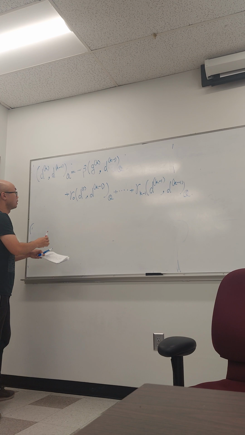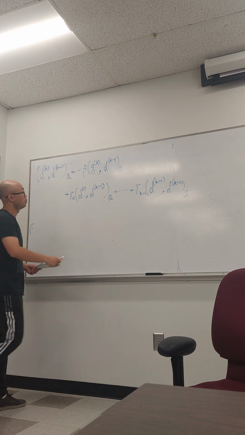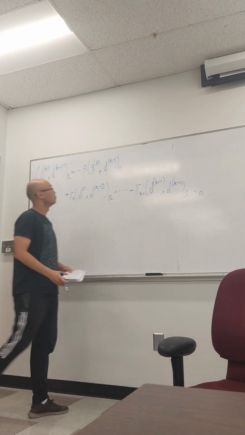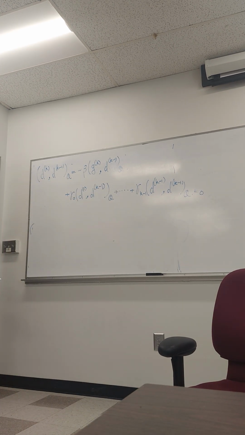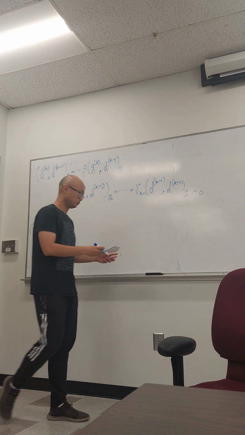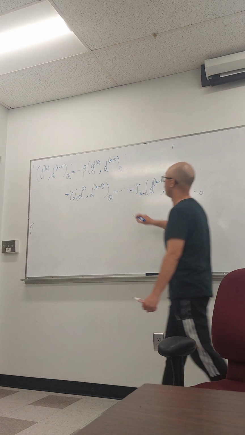So these are zeros, so all previous terms are 0 except one term, and we set this to be 0. Only this part is equal to 0? The whole thing.